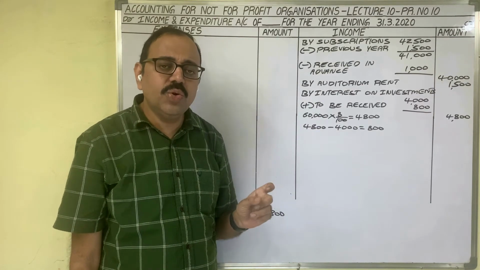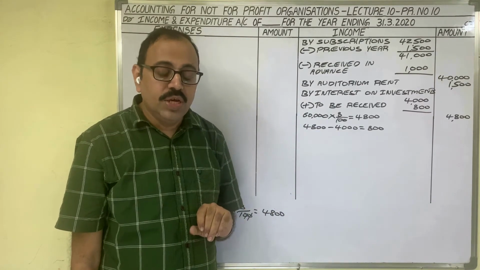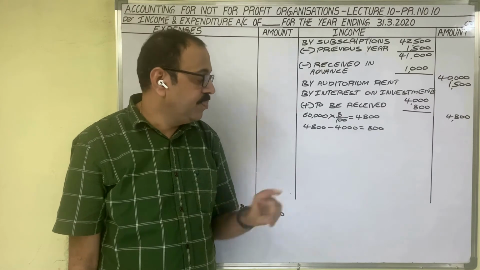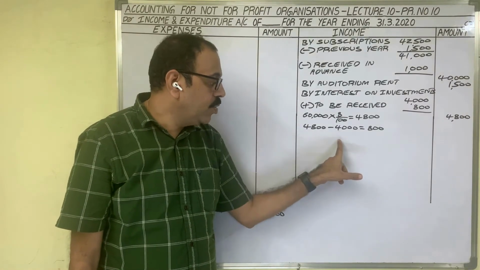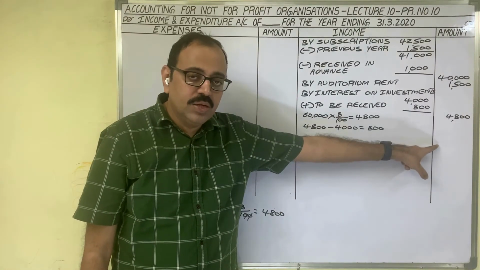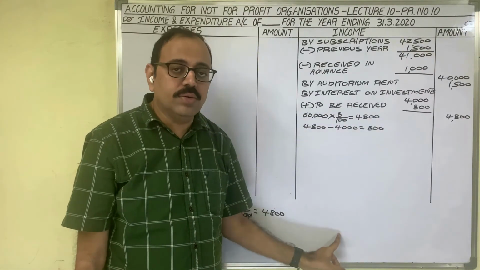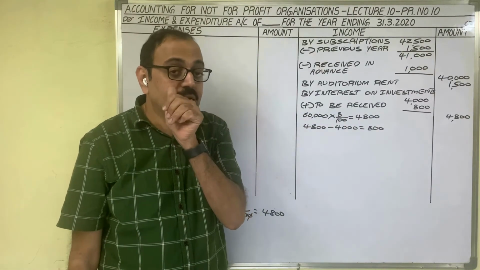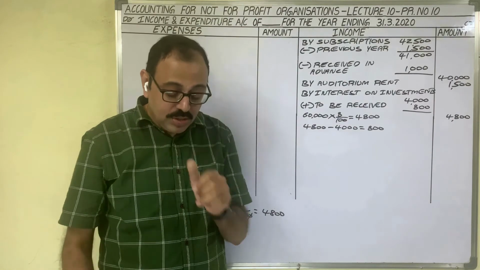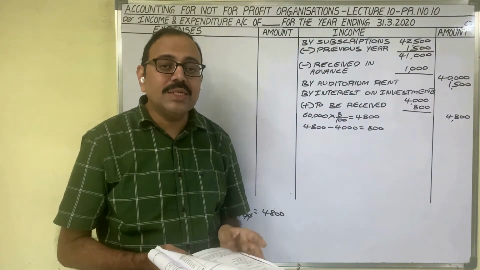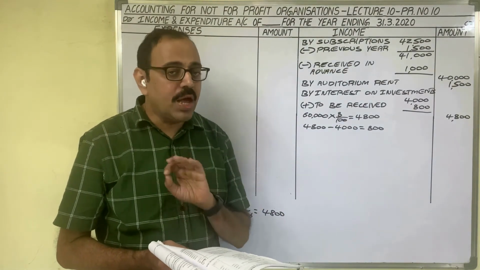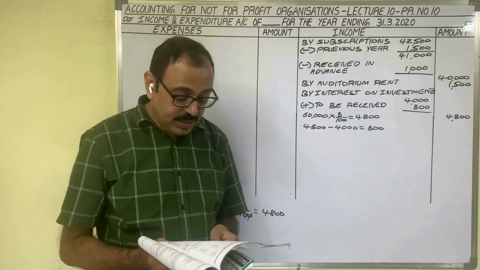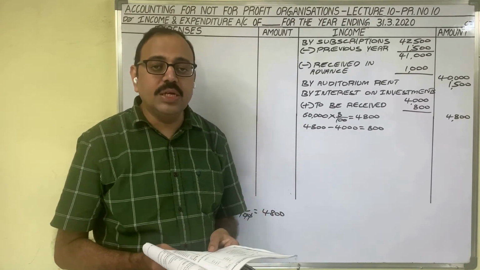You can treat this donation as revenue income also. If you treat it as revenue income, on the credit side you have to write by donations 12,000 rupees, and we have to mention a note: I am treating donations as revenue income. Okay. Here I want to treat this income as capital income. Therefore, I am ignoring.